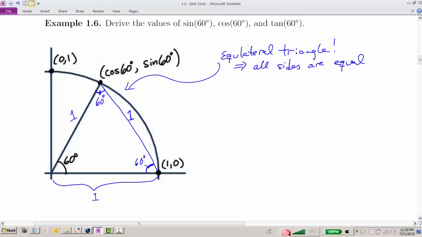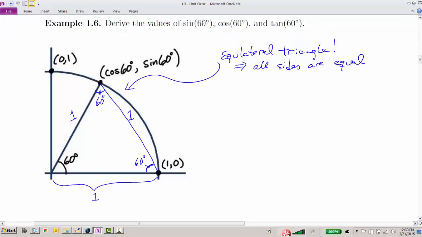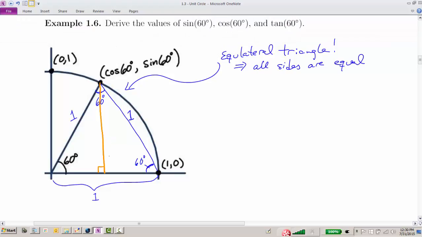Now we're going to do one of our favorite things to do in the coordinate plane, which is to drop down a perpendicular. I'm going to drop down a perpendicular from that point. And in an equilateral triangle, when you drop a perpendicular, it bisects the opposite side.